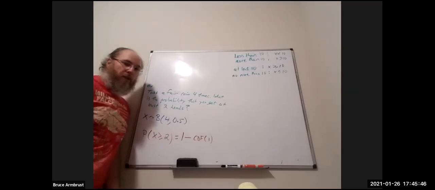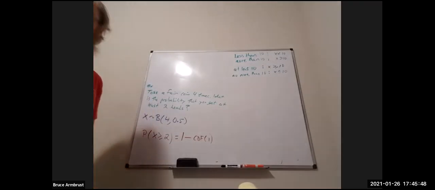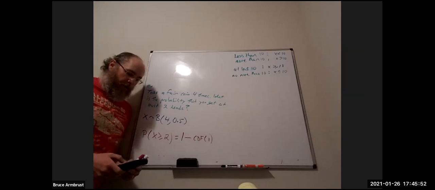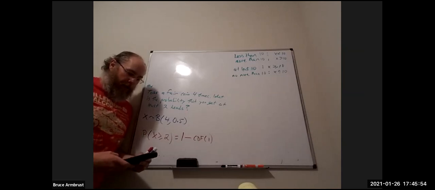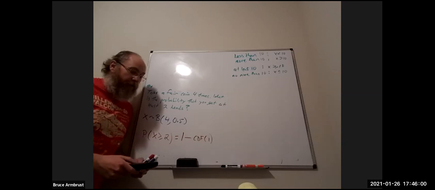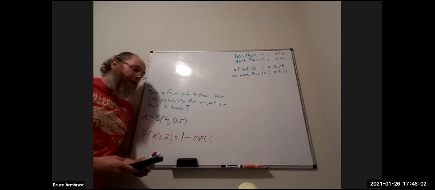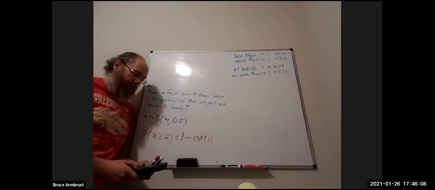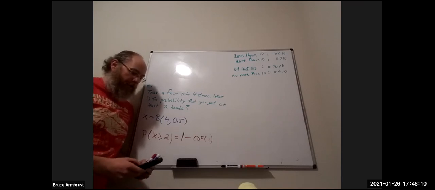Okay, so this is what I'm going to do to actually calculate that value. All right, so I'm going to go to my trusty calculator here. We're going to do, again, binomial. I'm going to do binomial CDF. I'm doing 4 trials. The success rate is 0.5, so 50%.